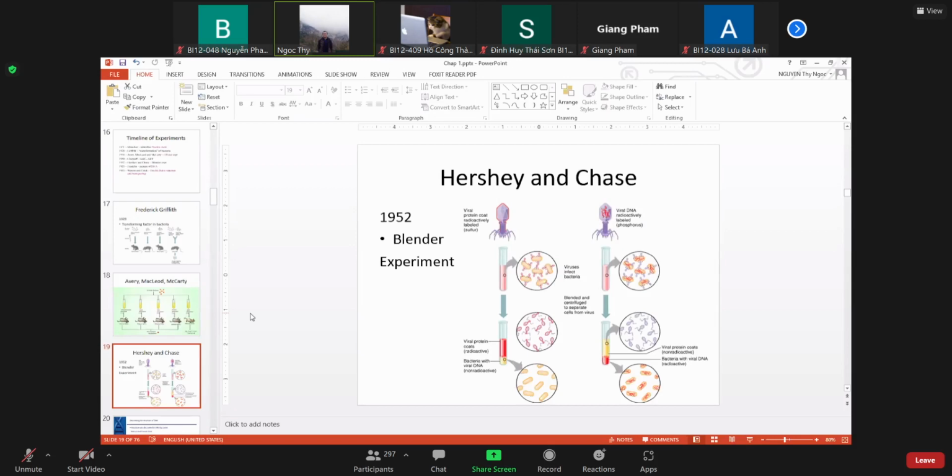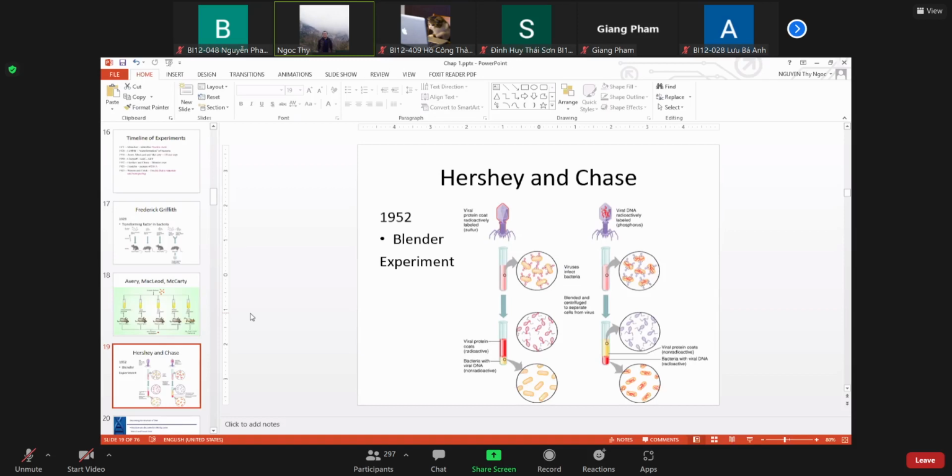In a virus, we know that the nucleus is composed of DNA or RNA, in some cases. We'll discuss it later. And the envelope is composed of protein. And in protein, one of the main components is sulfur.